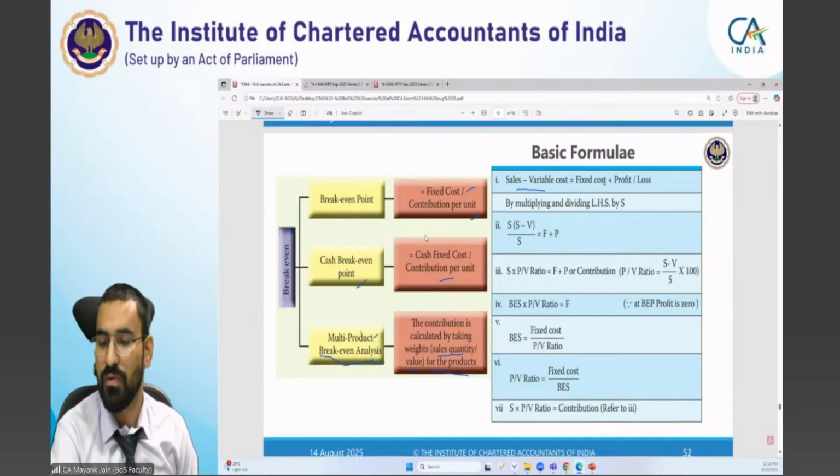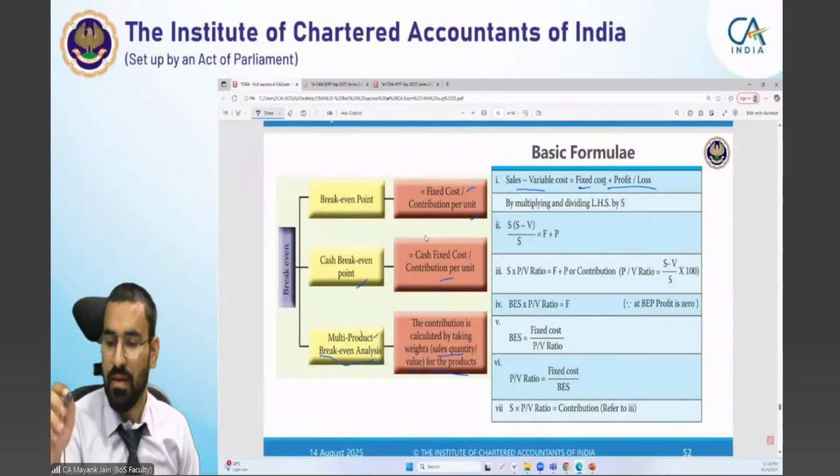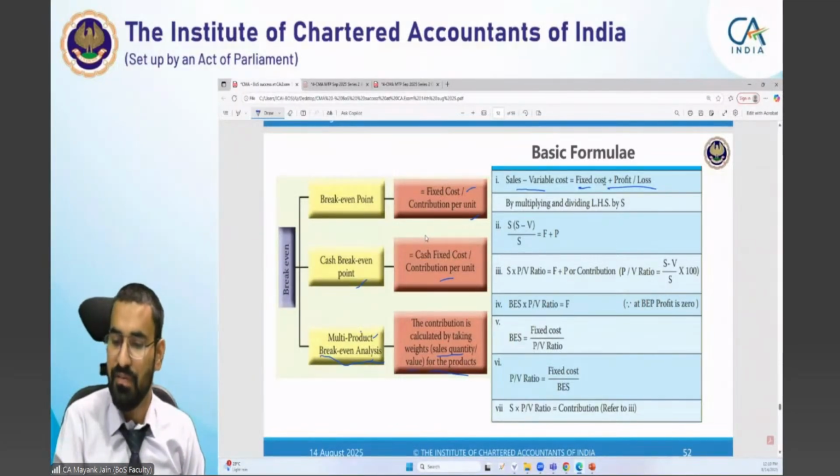These are the common formulas: sales minus variable cost equals fixed cost plus or minus profit or loss. Break even sales into the PV ratio equals the fixed cost. Sales into the PV ratio equals the contribution, or the fixed cost plus profit, and the break even sales equals the fixed cost divided by the PV ratio.